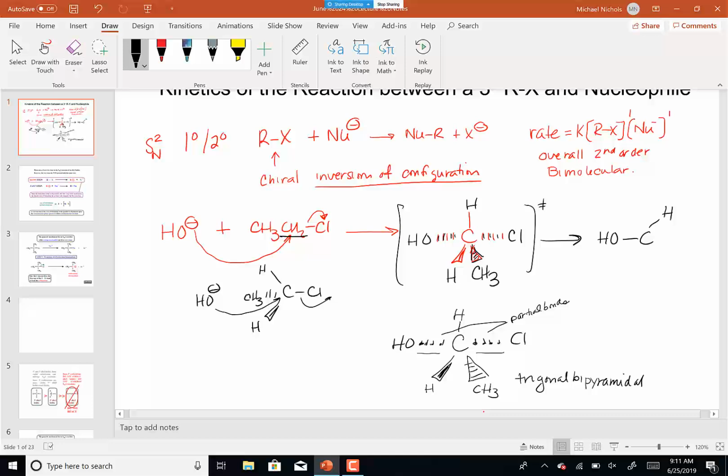And now the chiral center will have been inverted so that the hydrogens in the methyl now go from being oriented to the left to being oriented to the right, which is how the molecule would go from being R to S if this was a chiral molecule to begin with. And the chlorine then would be a -1 charge.